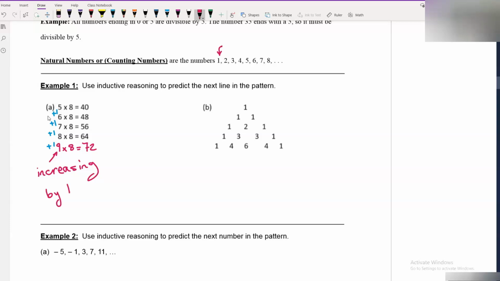Part B, what I have here is called Pascal's triangle.